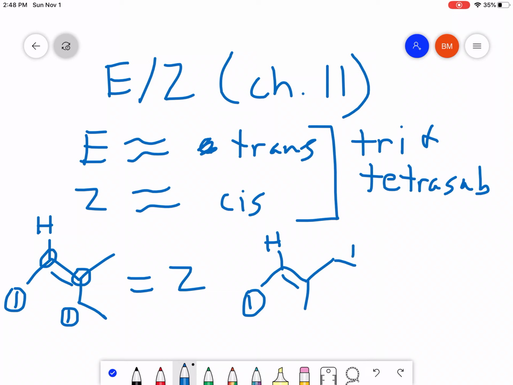The highest priority group over here is still ethyl, but now the number ones are on opposite sides. That is an E configuration. So you see, very similar to what we did with cis-trans, except with more substituted alkenes. E, as you might expect, is more stable than Z due to steric hindrance.